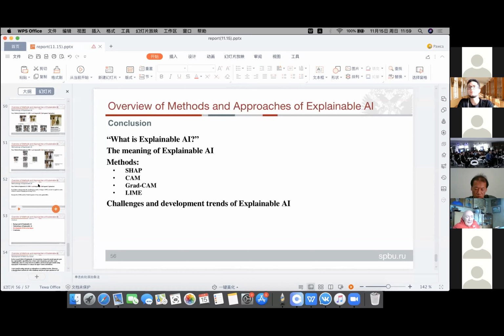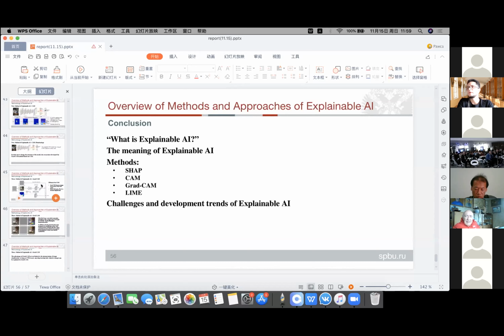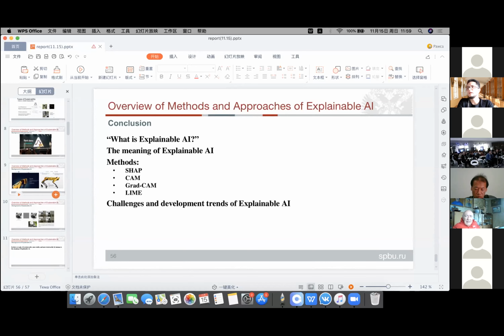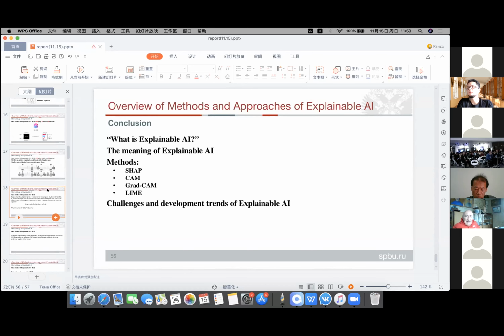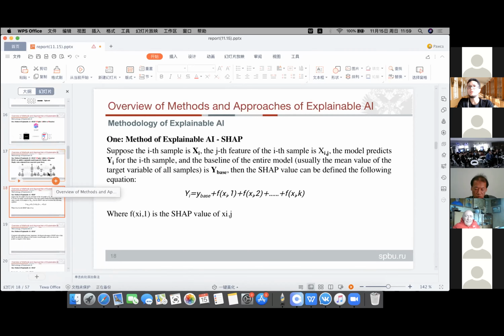So we have cooperative game theory. I can say a few words. The SHAP approach is based on the model of the Shapley value. What is actually done is that we try to explain the individual contribution of each feature in the data that comes into the AI system as input data by using the Shapley value.